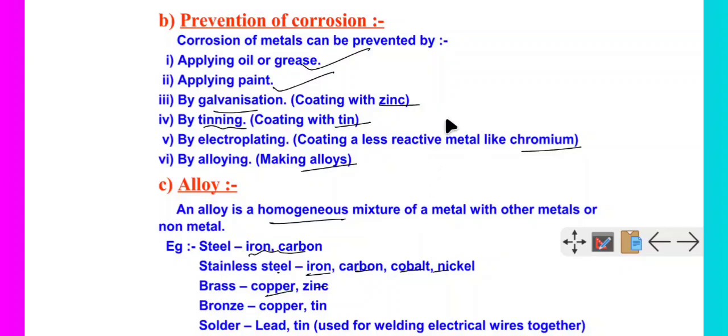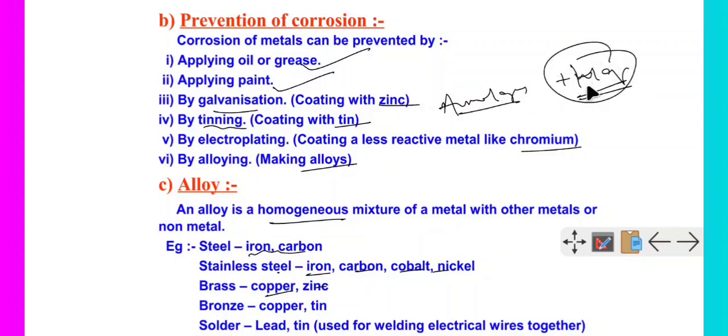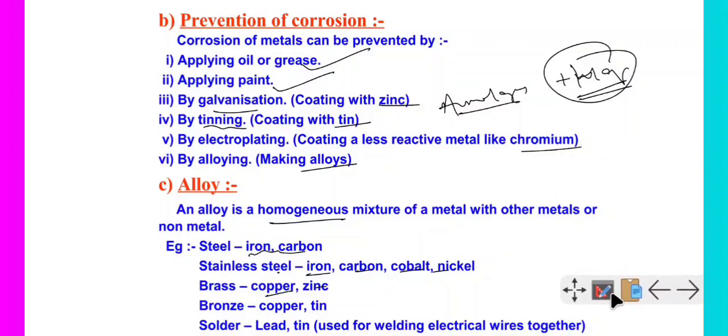So remember amalgam: in an amalgam, one metal is mercury. Mercury is mandatory. If you see one metal is mercury, then that particular alloy you can consider as an amalgam.